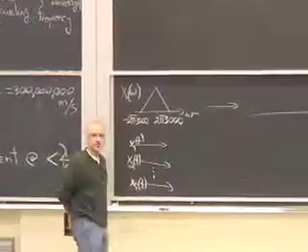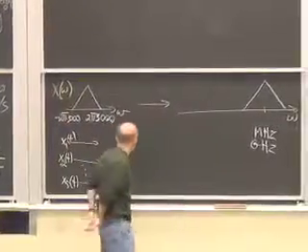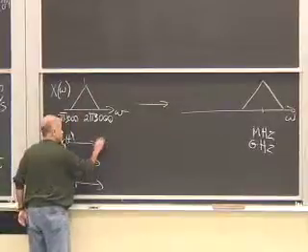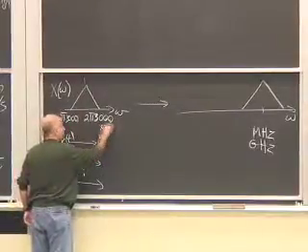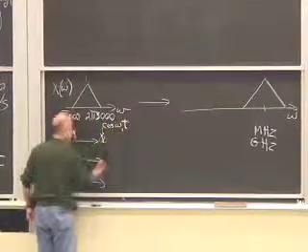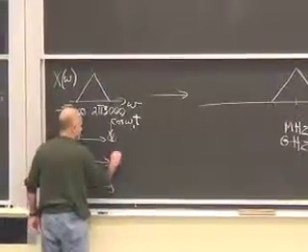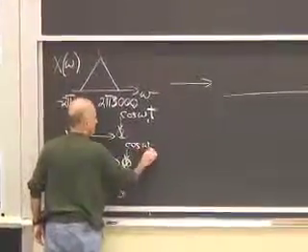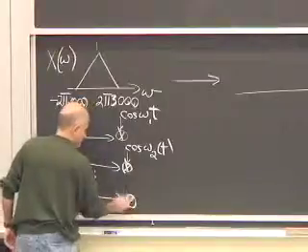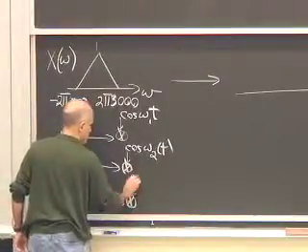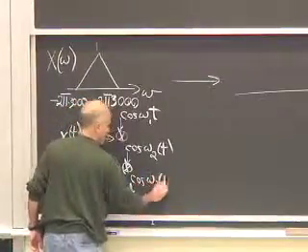Exactly. You modulate them with different frequencies. So, for example, you modulate this guy with cosine omega 1t, this one with cosine omega 2t, and this one with cosine omega 3t.